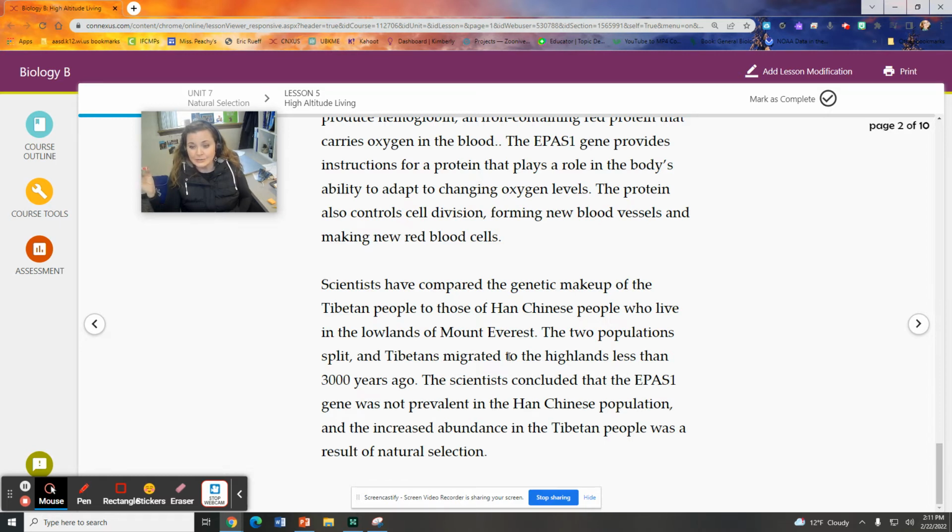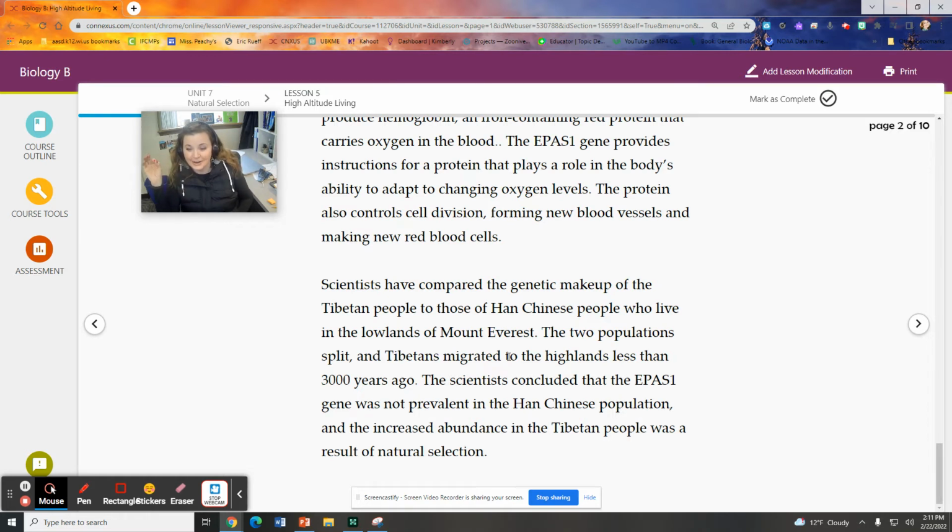So the scientists concluded when they studied the Han Chinese, who are the ancestors of those living in the Tibetan Plateau, that the EPAS1 gene was not prevalent in the Han Chinese population. This mutation increased in frequency, allele frequency increased. Well, an increase in allele frequency, that sounds like evolution.